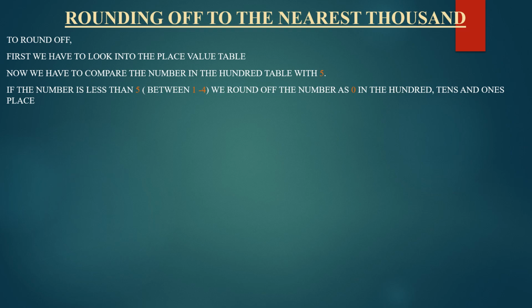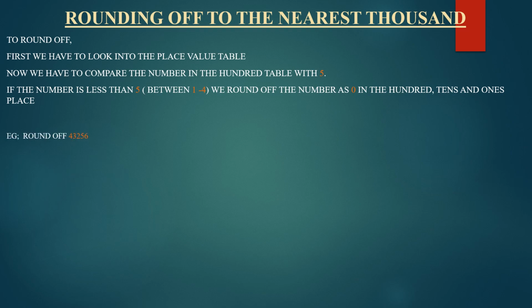So, if the digit is less than 5, between 1 and 4, we round off to 0 in the hundreds, tens and ones places. The number in the thousands column remains the same. Once more: when the digit is less than 5 in the hundreds column, we don't change the number in the thousands column, but the rest of the columns, hundreds, tens and ones, are made 0.